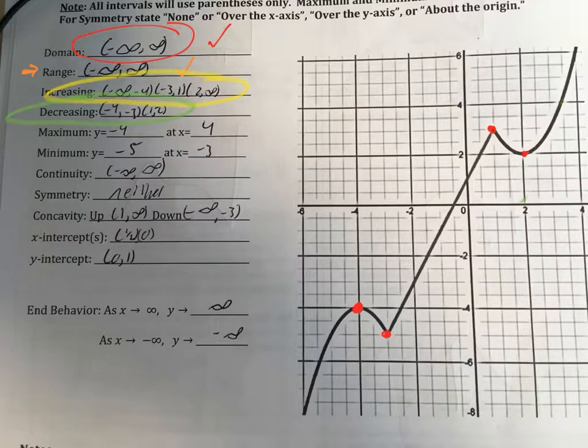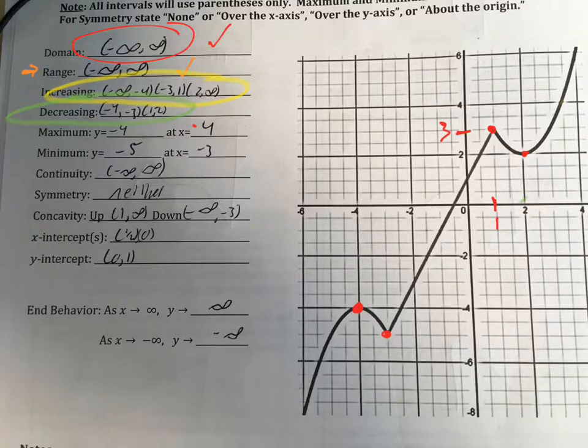The max is, so there could be a y value of -4 at x equals -4. And then there's another one. Yeah. Y value of 3 at x equals 1.